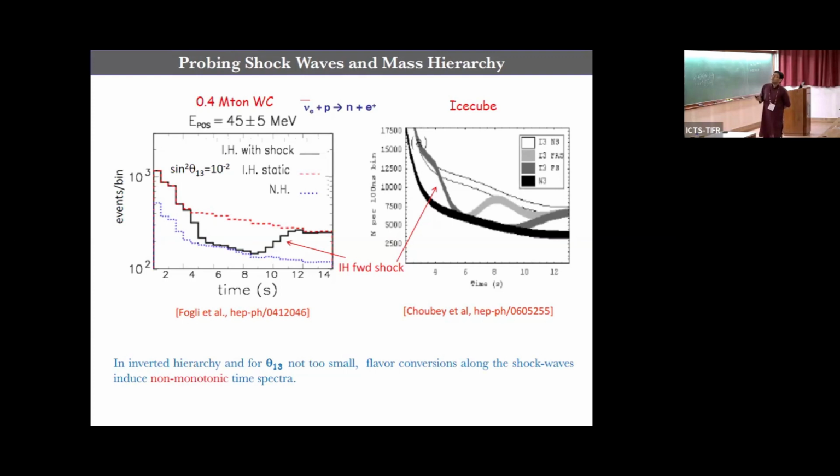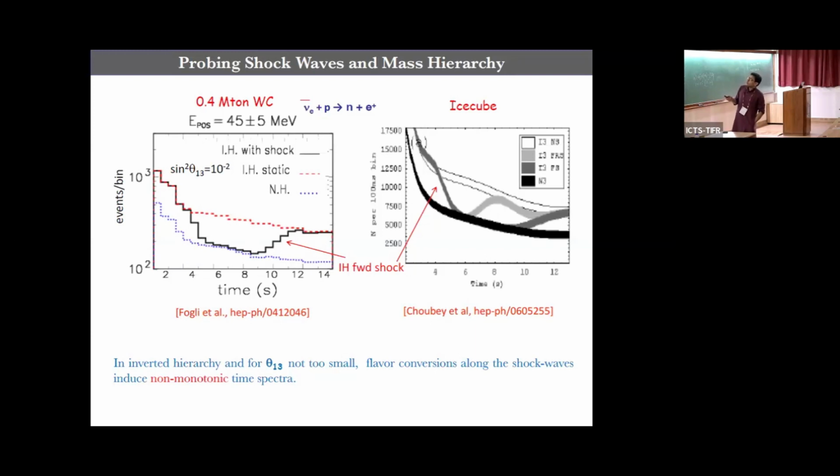This, of course, is for the scenario where at that time people were doing different cases, like large θ13, small θ13, because at this time people had some idea about θL, but θH was still not known. So people were doing different scenarios. I have just given the example for when θ13 is not too small. So as you can see here, suddenly there is a drop.